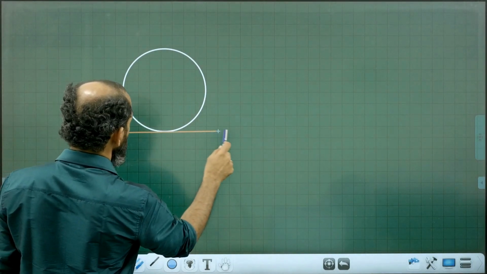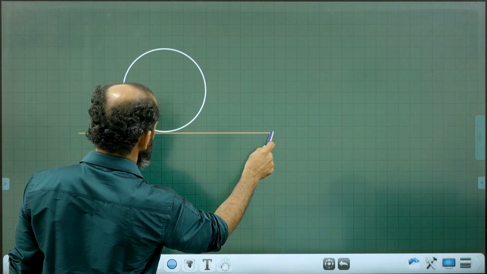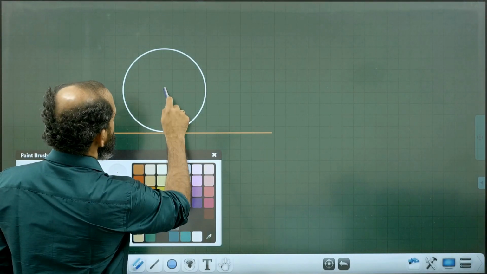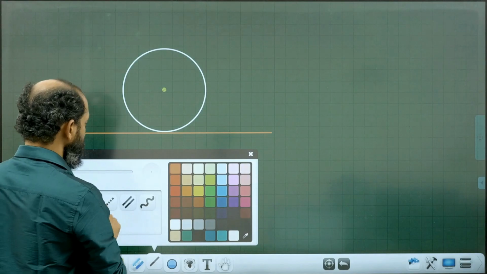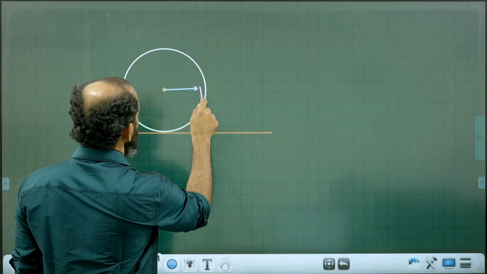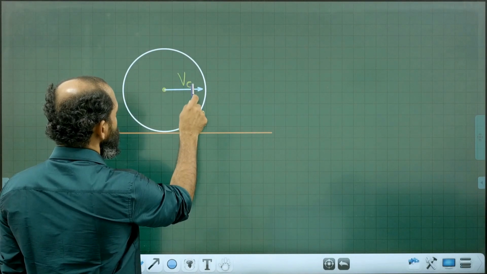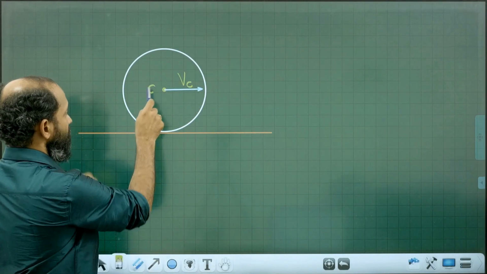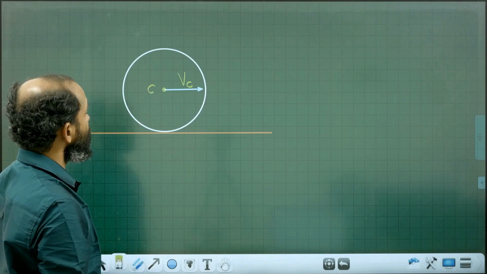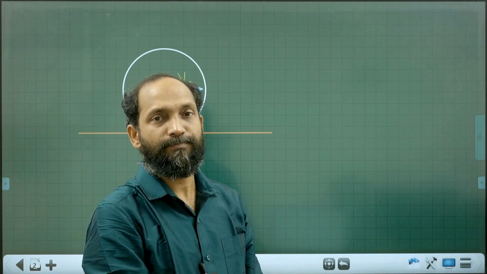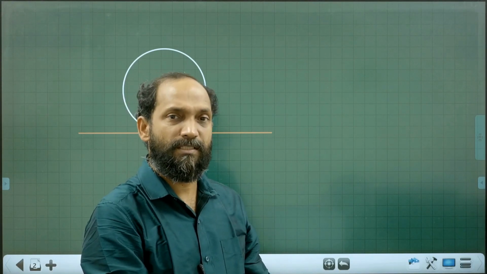When a body rolls on a surface, the center of mass of that rolling body has a velocity Vc, where C stands for center of mass. Vc is the velocity of center of mass. Every particle of that rigid body moves with the same velocity.